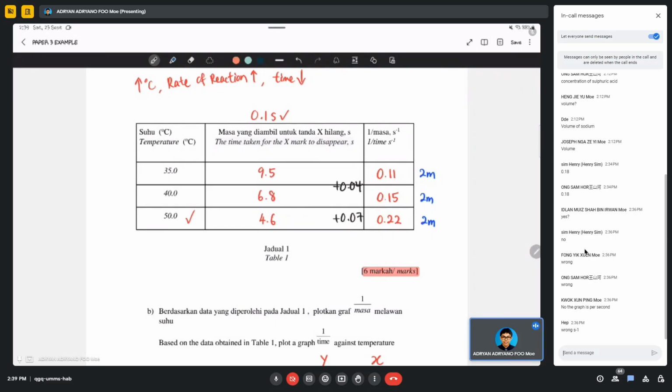So you can see the pattern, it increases by around 0.03.